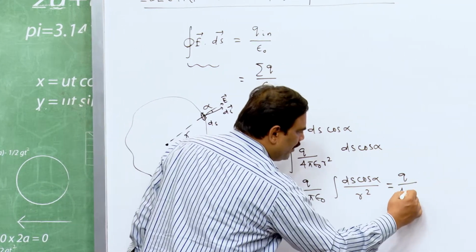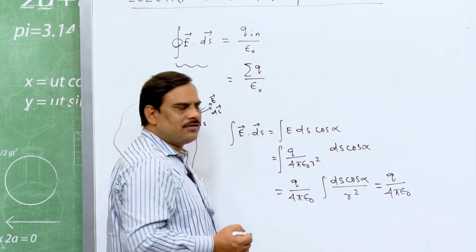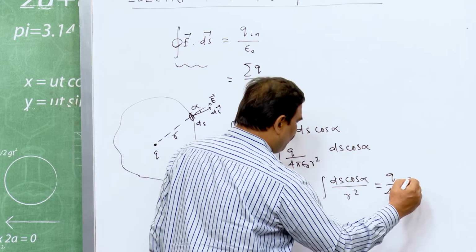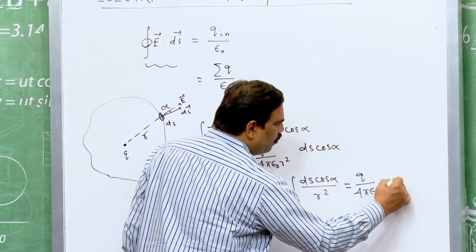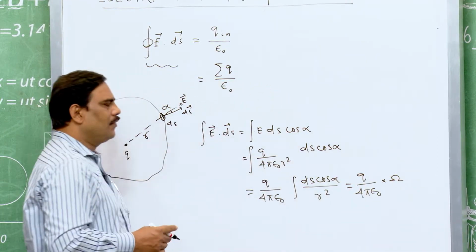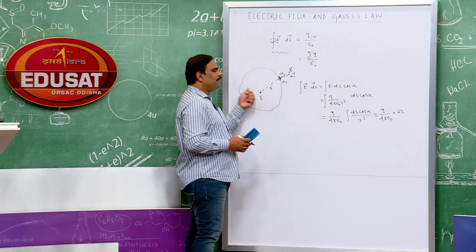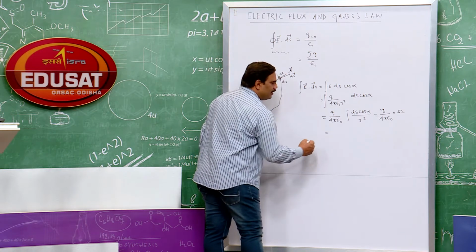So, this is q by 4 pi epsilon 0 integration ds cos alpha by r square, which is integration d omega, or we can say this is equal to omega. Omega is the total solid angle formed at point q, and we know in 3 dimensions the total solid angle is 4 pi.